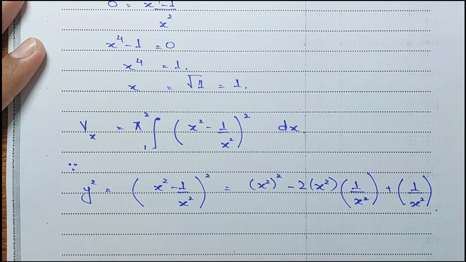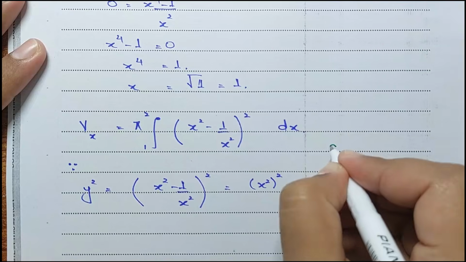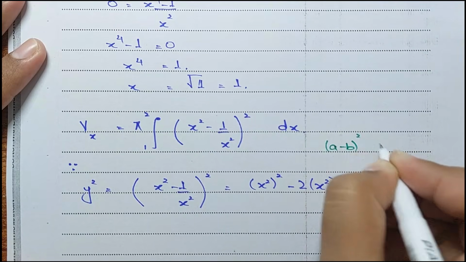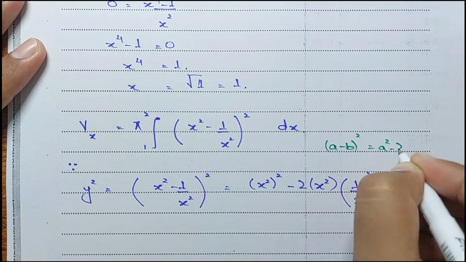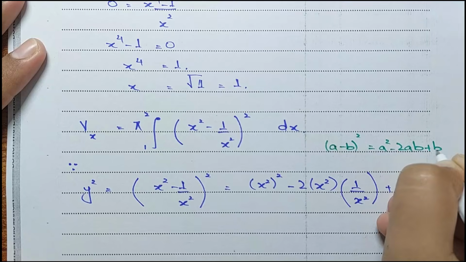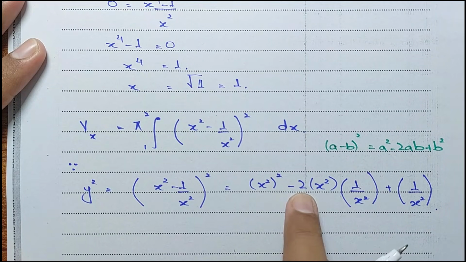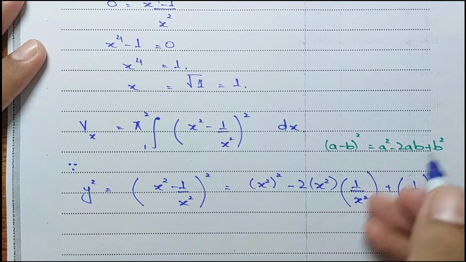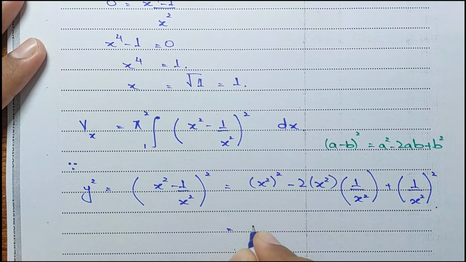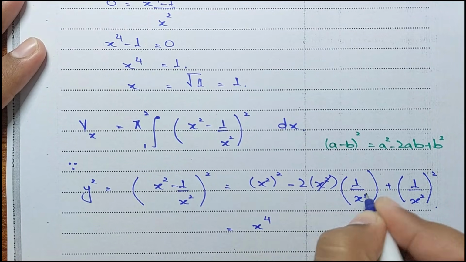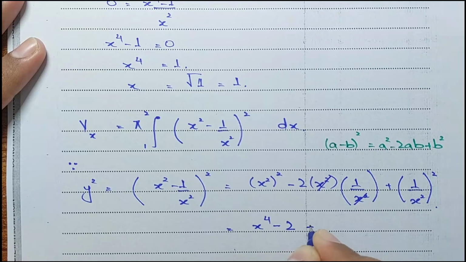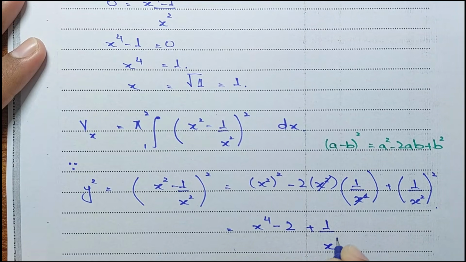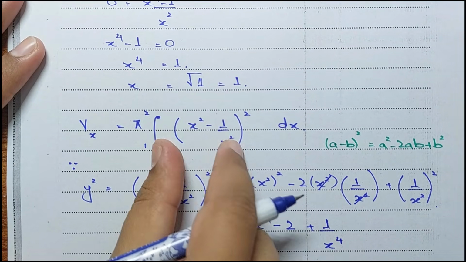A minus b whole square is a squared minus 2ab plus b squared. This is x to the power 4, this is minus 2, and this is 1 over x to the power 4. So plug this in over here.